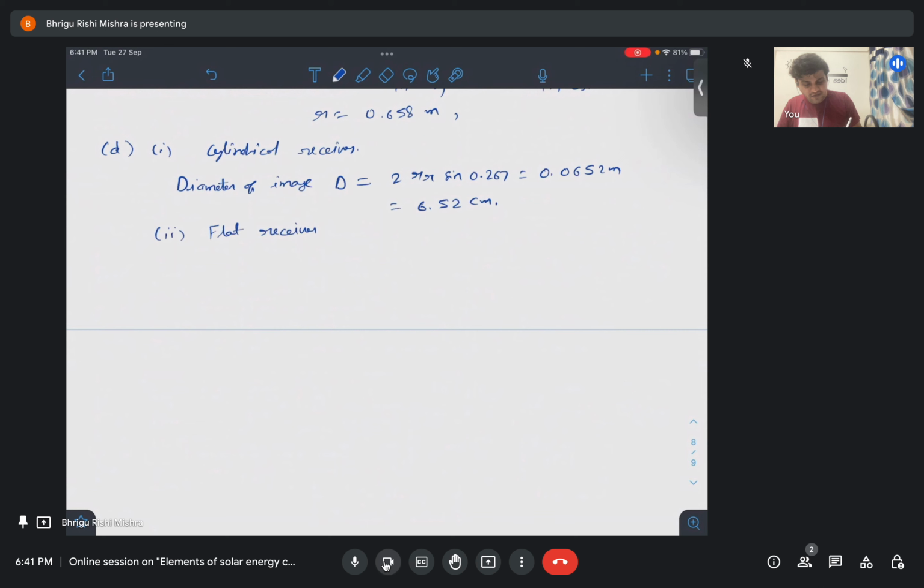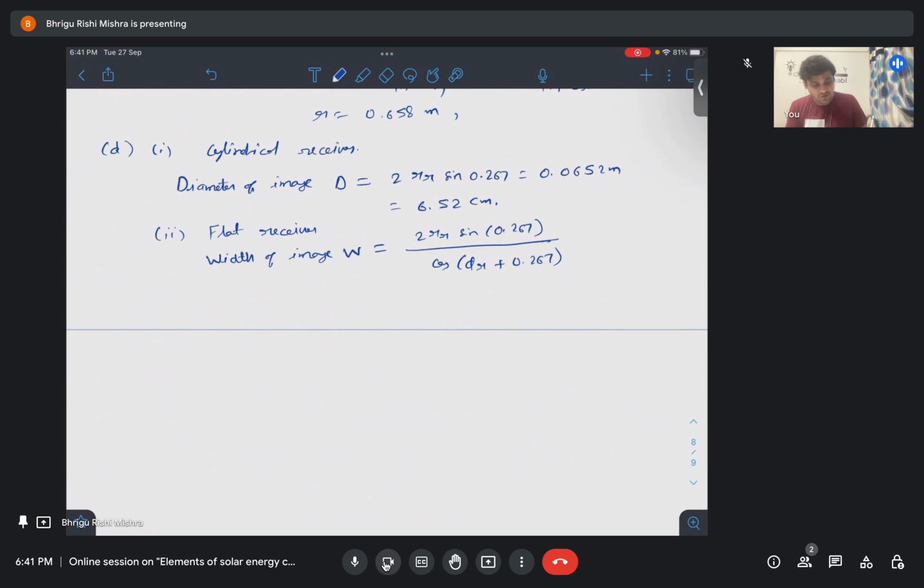For the flat receiver, the width of the image w equals 2 rr sine 0.267 divided by cos phi r plus 0.267.